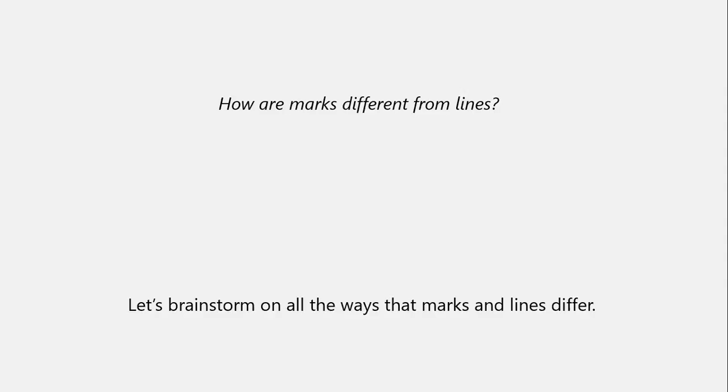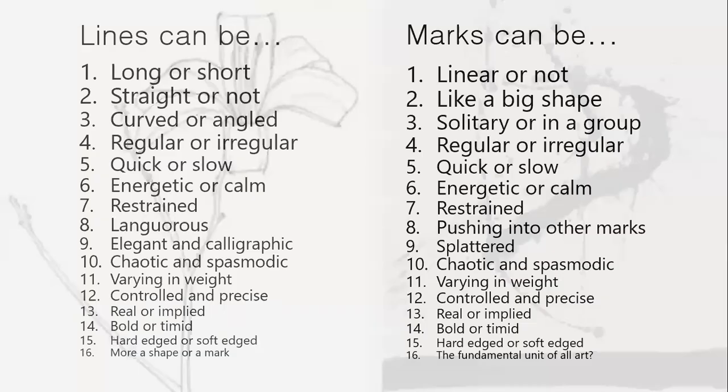But if lines are the art elements, what are marks? I like to think of marks as being kind of like, if line is an element, like let's say oxygen, and shapes are like nitrogen, then marks are like subatomic particles, like quarks or something. They're the building blocks that make all the other things. Okay, so here's a list that you can look at.